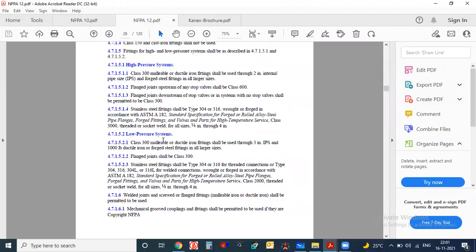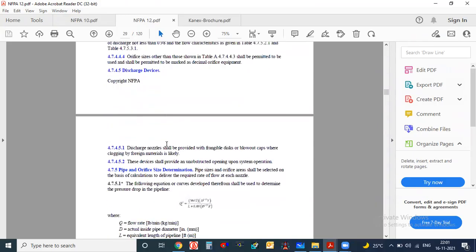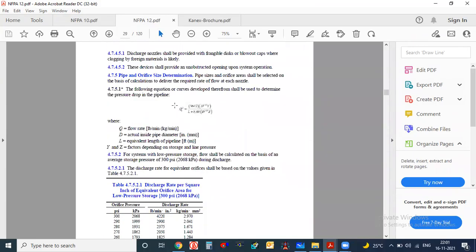High pressure system, low pressure system, high pressure. So many things are given here. Some calculations are given here. With these calculations, I think they are calculating how much capacity for that one cylinder and how much throw can be taken, because you can see here Q is the flow rate, diameter, equivalent length of pipeline, everything is given.